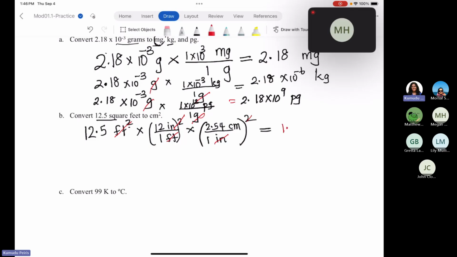Right. So the answer will be 1.16 times 10 to the fourth square centimeters. Right. Any questions?